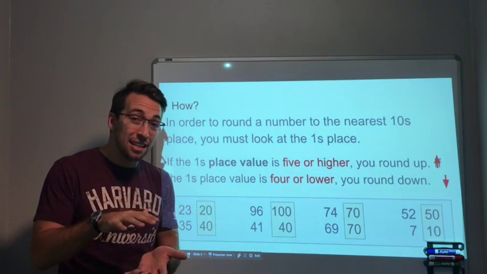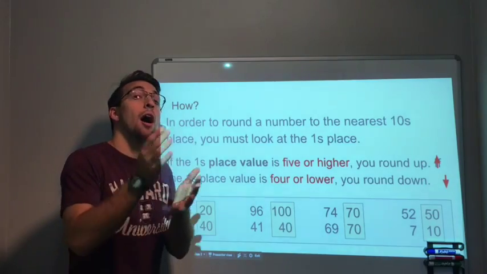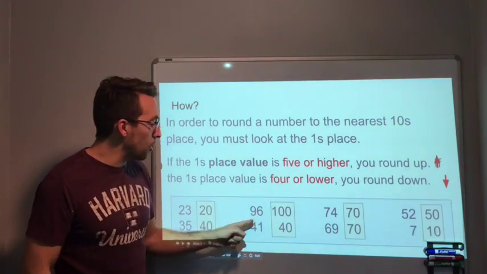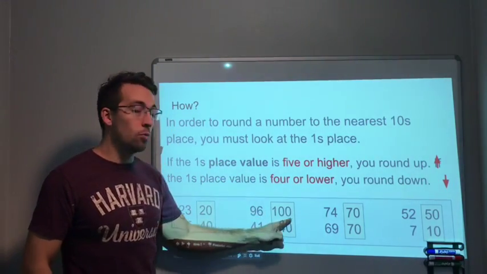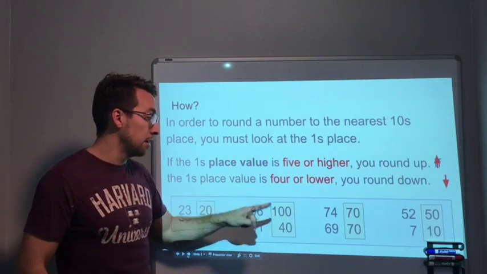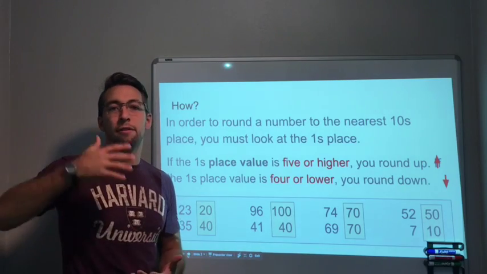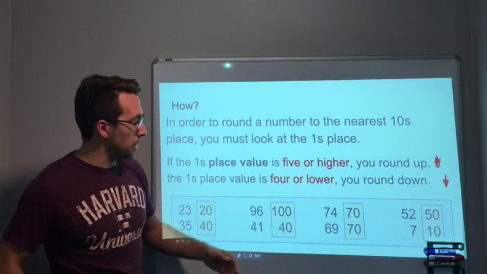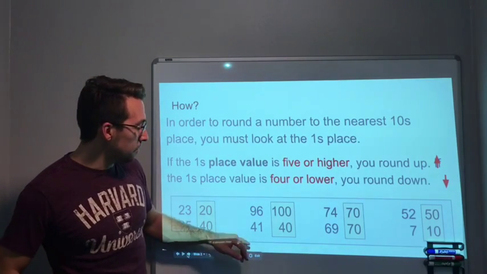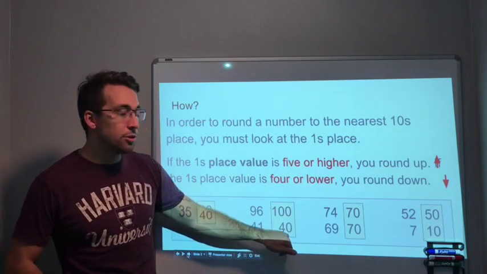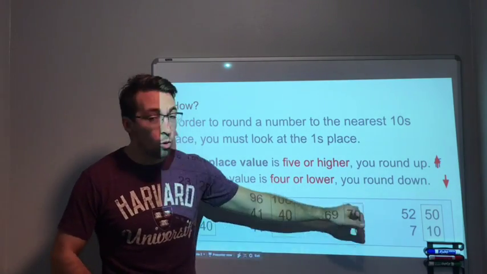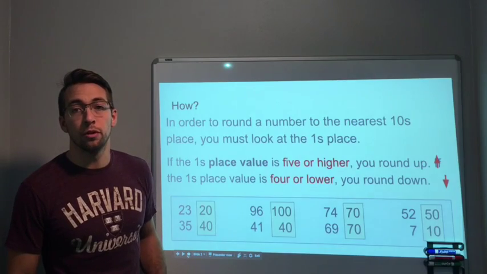So 9 in the tens place rounding up, you go up to 100, and now we go from ones place and tens place to ones place, tens place, and hundreds place. It's just like addition when we go up. We do the add-on. 41 rounds down to 40. 74, and so on and so forth.